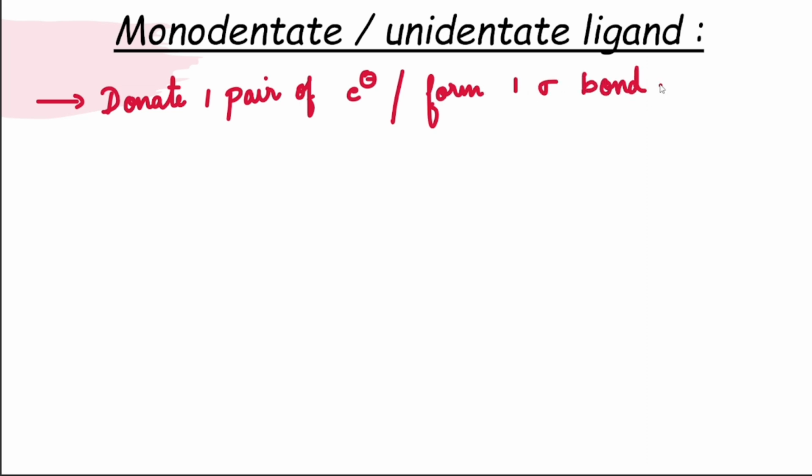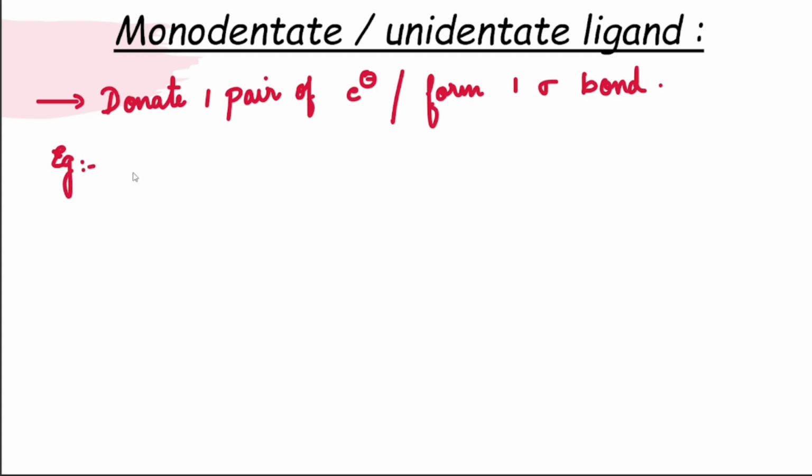So the ligands which donate one pair of electrons or form one sigma bond are known as monodentate ligands. These are further classified as neutral, anionic and cationic ligands. Now let's see some examples for the monodentate ligand.